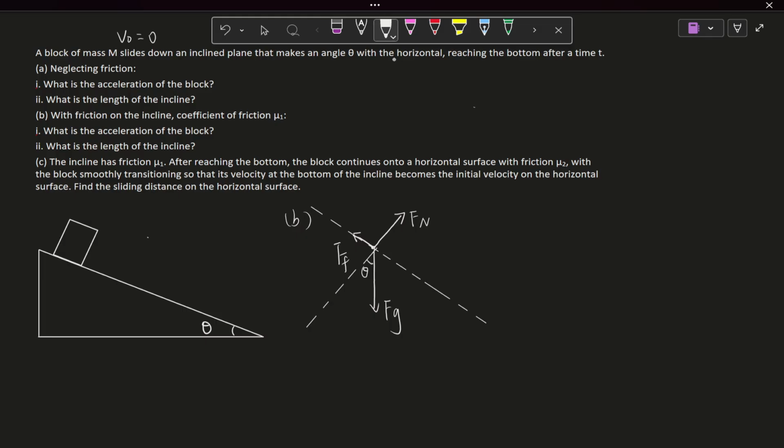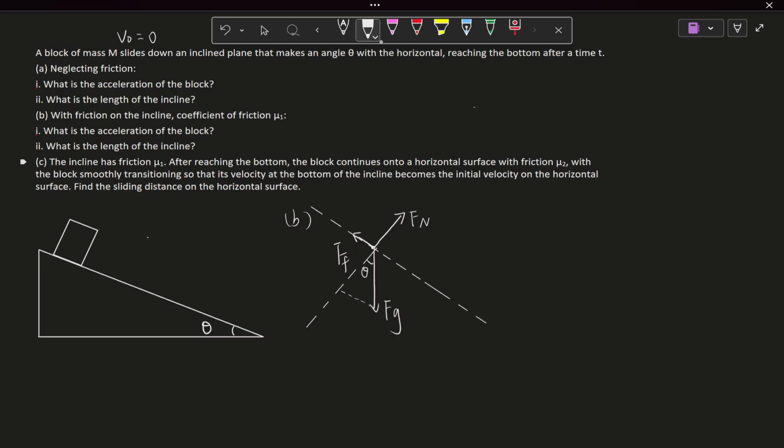The only force that is not in components is Fg, because other forces like Fn and Ff are all along the direction of the incline or perpendicular to the incline. So let's break Fg into components. This is your component along the direction of the incline. This is your component perpendicular to the slope.